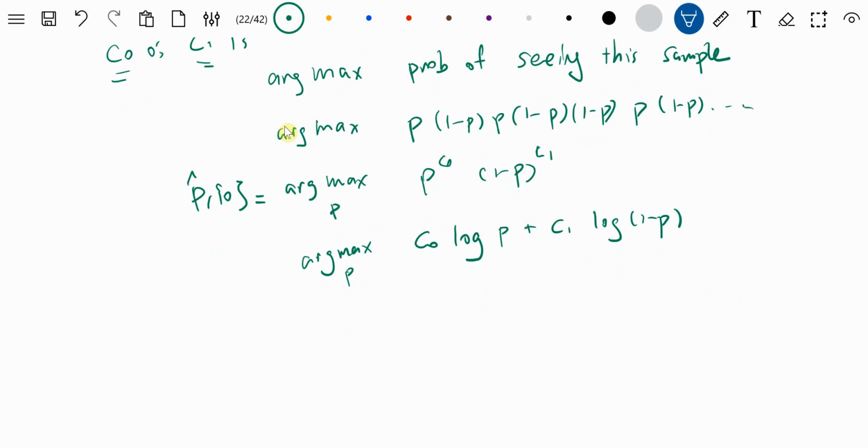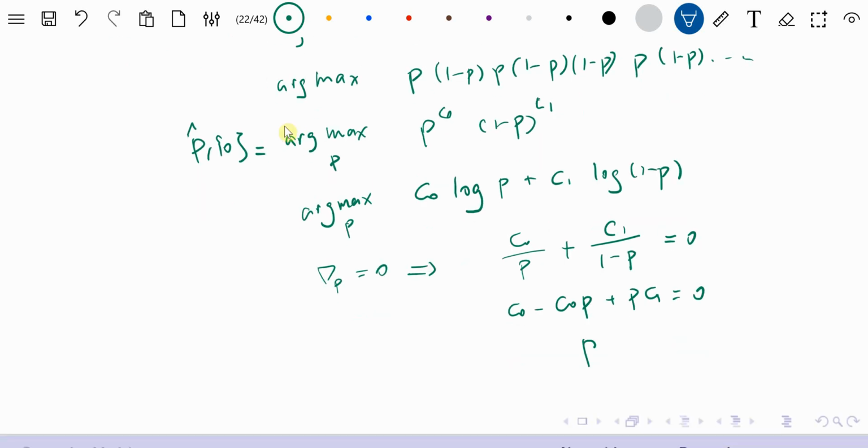So now you can differentiate this. This is just setting the derivative with respect to p equal to 0, which means C0 over p plus C1 over 1 minus p is 0. And this is C0 minus C0 p plus C1 p is 0.